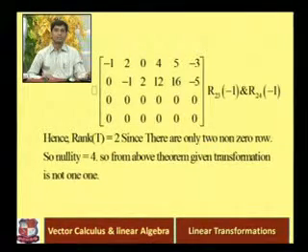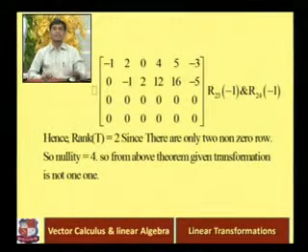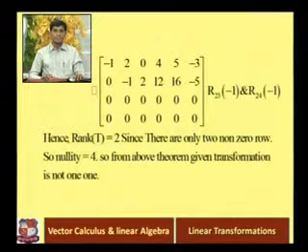So rank of T is equal to 2, and the dimension of the domain is 6. Using the rank nullity theorem we can easily find nullity is 6 minus 2, so 4. So nullity is 4, and clearly the given transformation is not 1-1, because for 1-1ness the nullity should be 0.